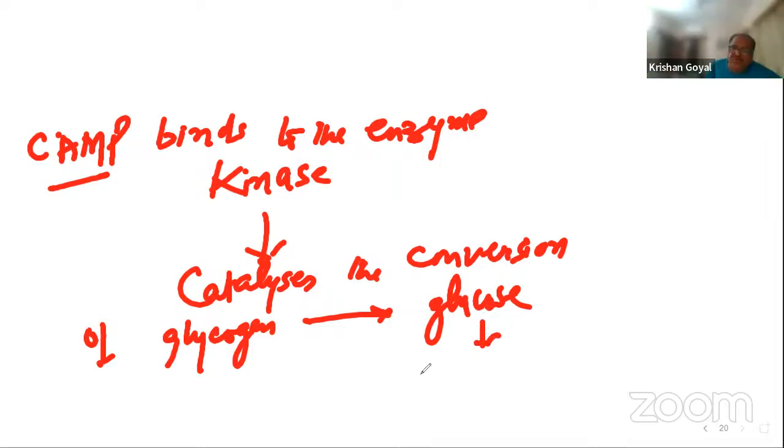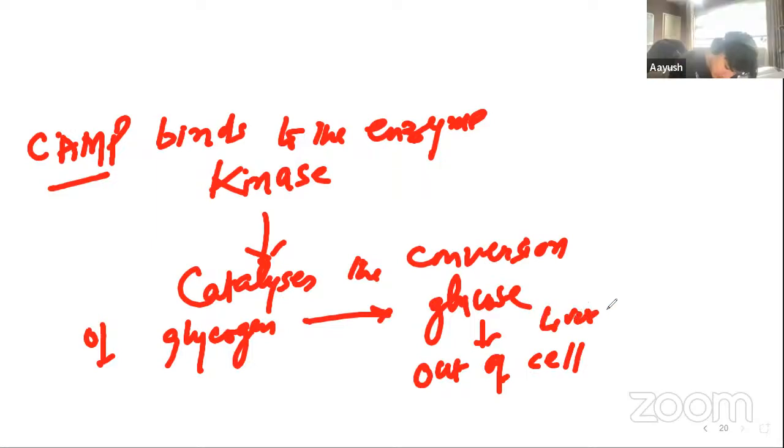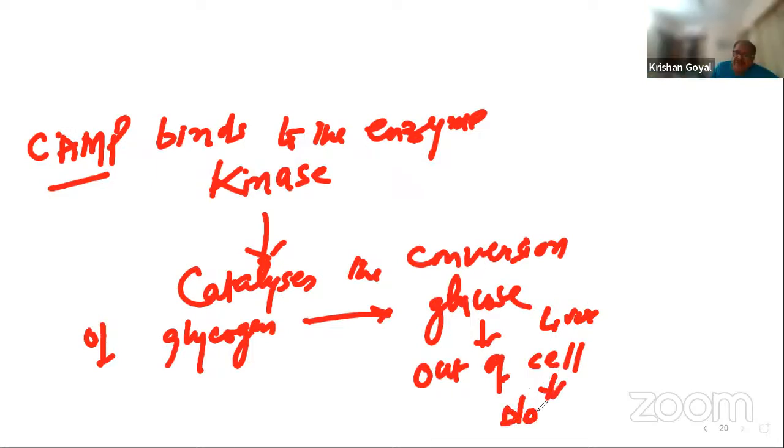It moves out of the cell, which means the liver cell. And then it goes into the blood. And as a result, the glucose level increases. Did you get it?